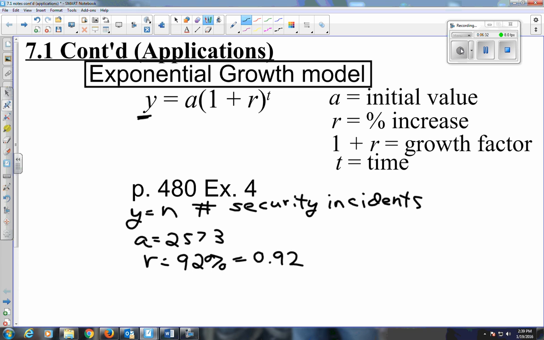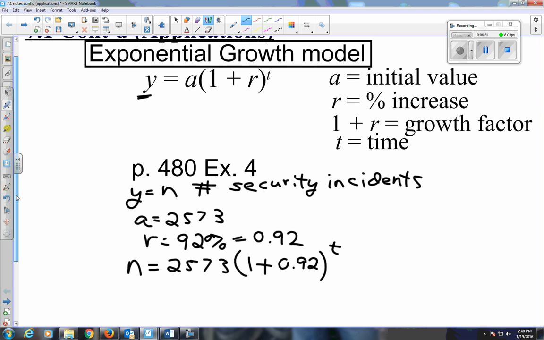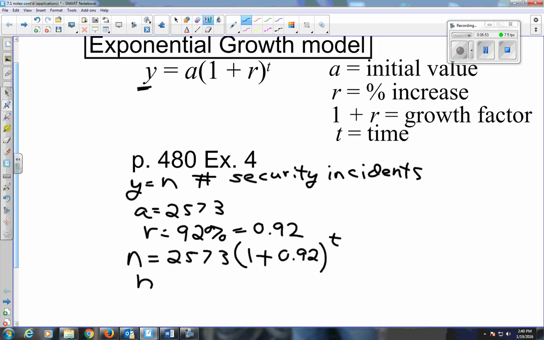So I'm going to say n equals, my a is 2573, times (1 plus 0.92) raised to the t power. Or in a simplified version, I would say n equals 2573 times 1.92 to the t power.